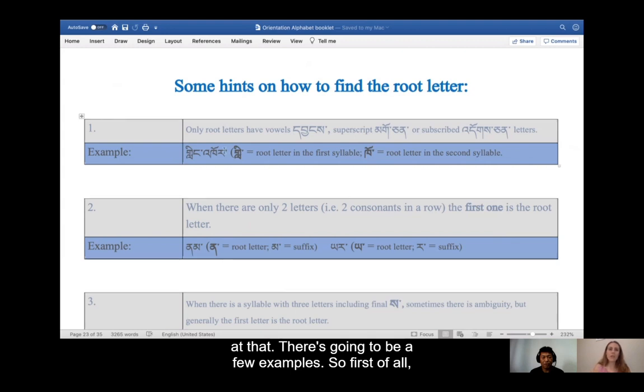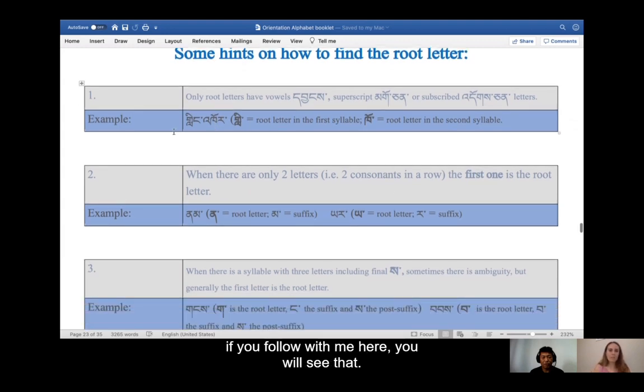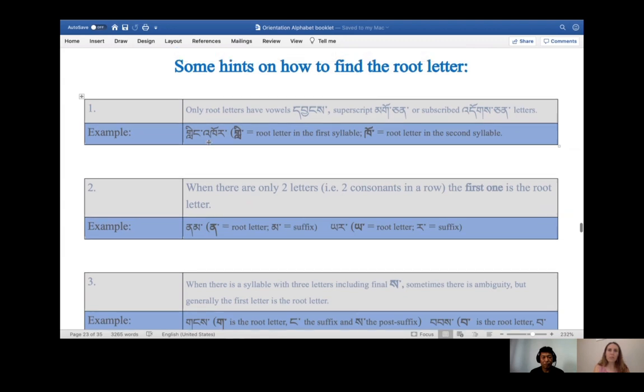So first of all, if you follow with me here, you will see that some of the hints on how to find the root letter are based on the fact that the root letter is always the one that possesses either the vowel, one of the four vowels, or a superscript letter, a gochen, the head letters, or is one that possesses a subscribed letter, or both superscript and subscribed together.